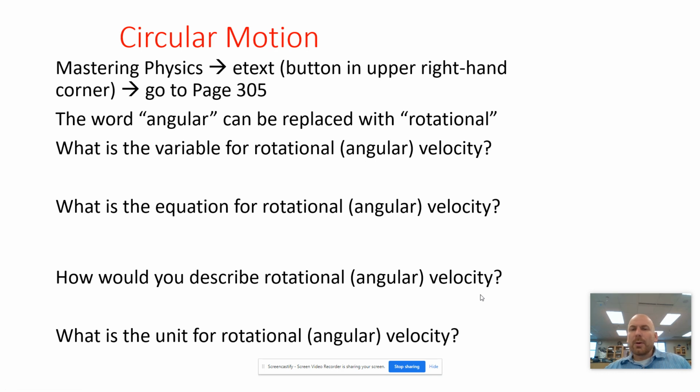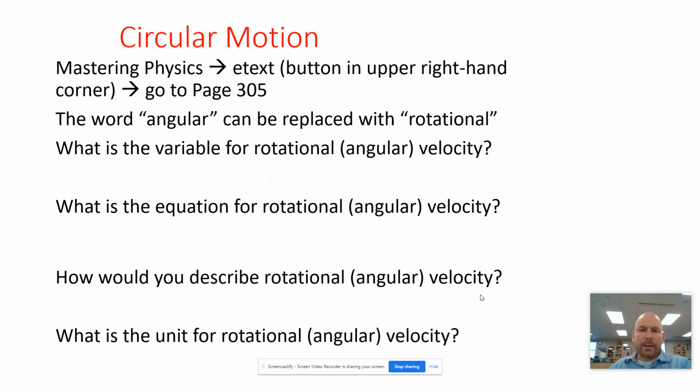Okay. So in physics, you've got these two adjectives, rotational and angular. Depending on the textbook you're looking at, they'll use these two interchangeably. I'm just going to use rotational because I think it's more descriptive. So rotational velocity.